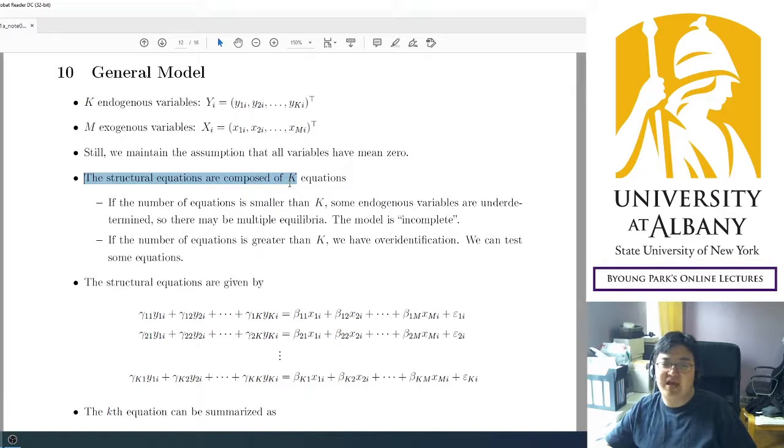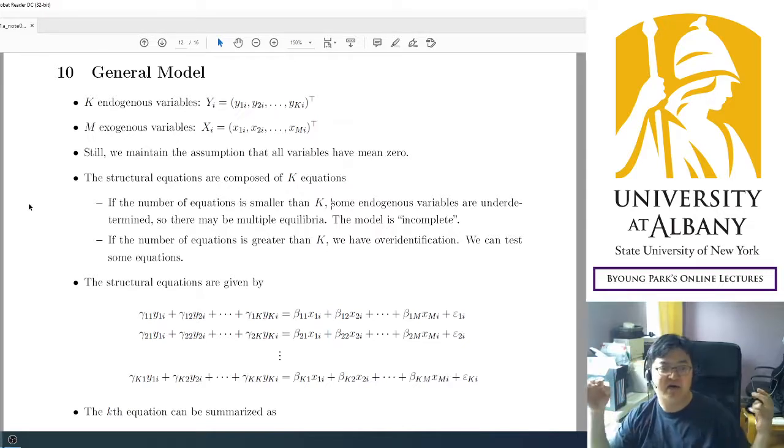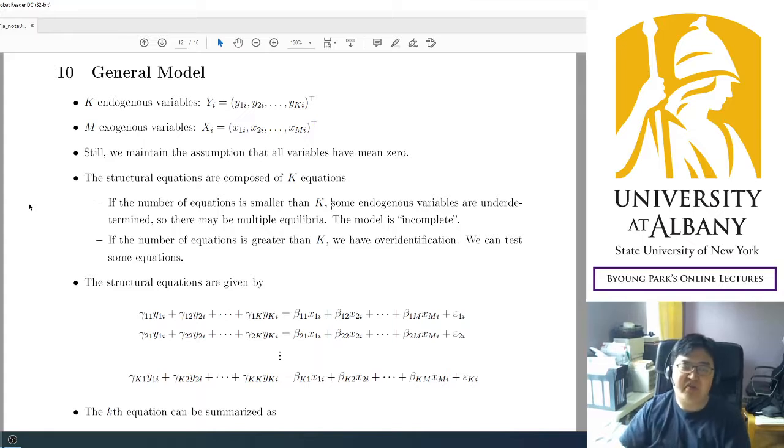must be composed of k equations. If the number of equations is smaller than k, that means some endogenous variables are not determined. Like, say, two equations cannot have a unique equilibrium for three variables. So there must be at least the same number of equations, or greater, than the number of endogenous variables for the endogenous variables to be uniquely defined. And if the number of equations is greater, there is another problem.